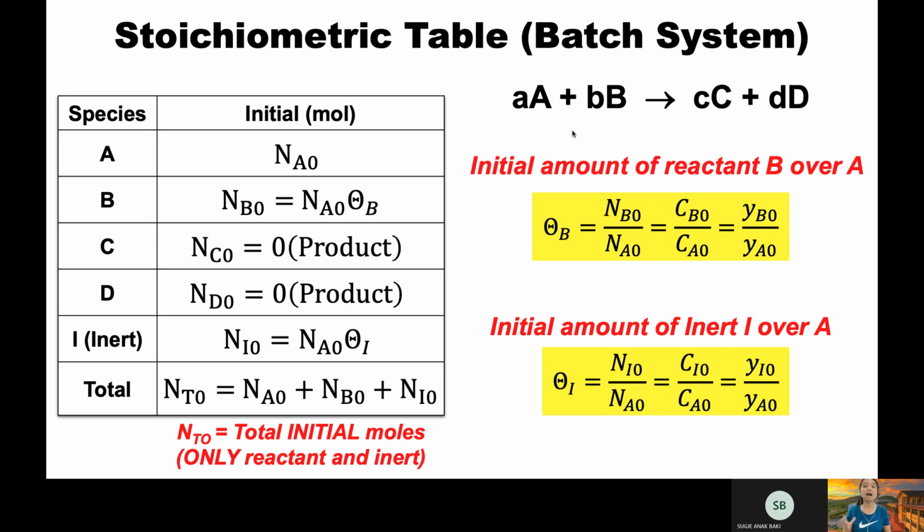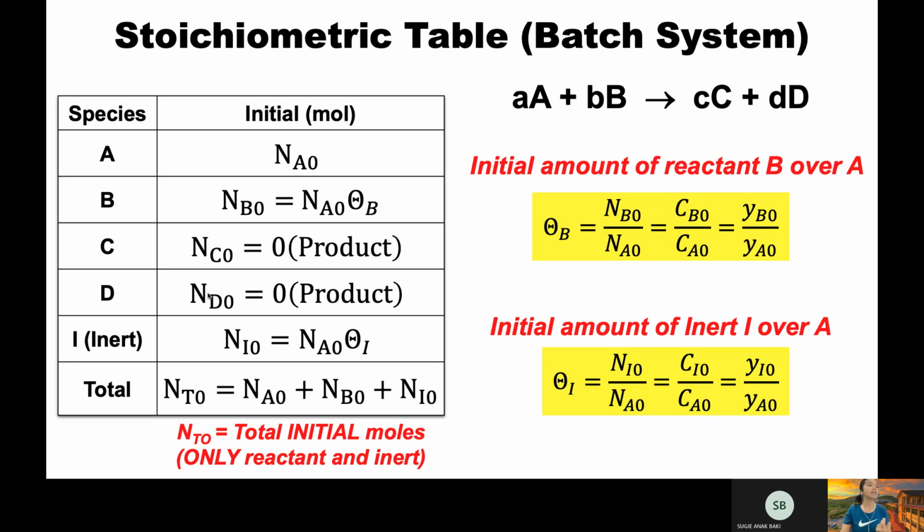But C and D are products. So at the start of the reaction, C and D have not yet been formed. So NC0 and ND0 will be 0 because they are products and are not yet formed at time 0.